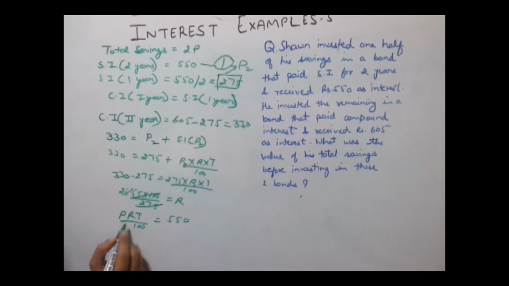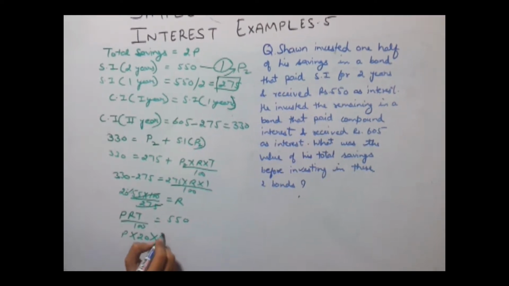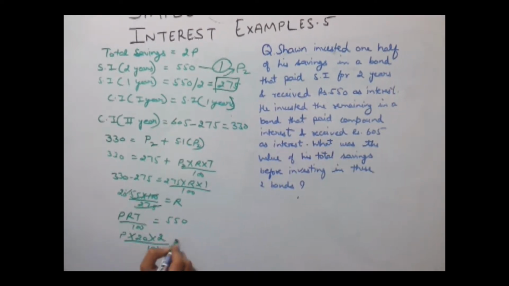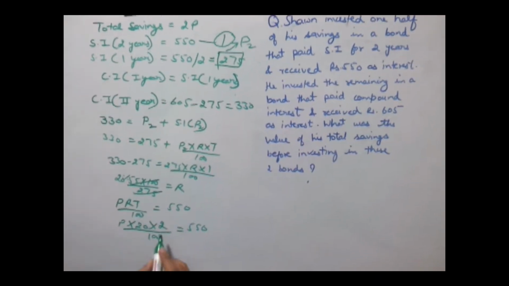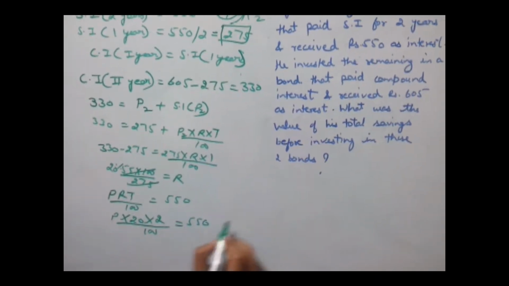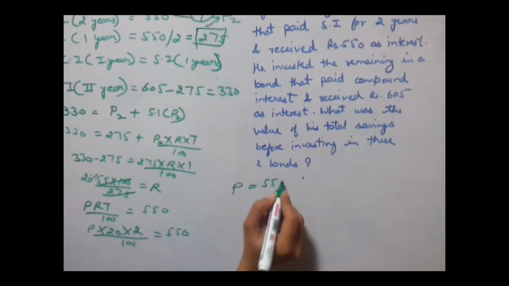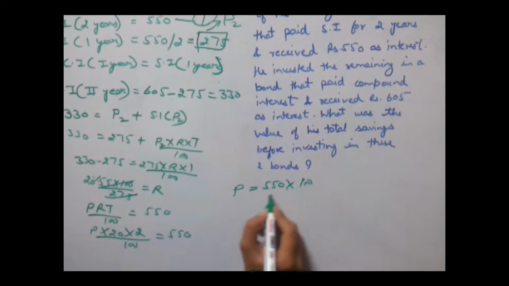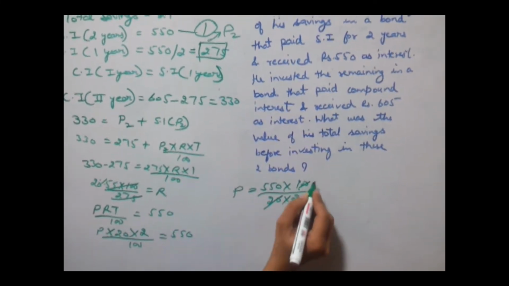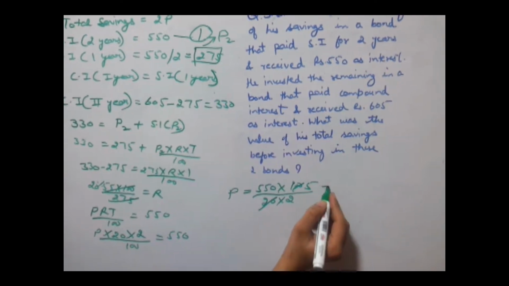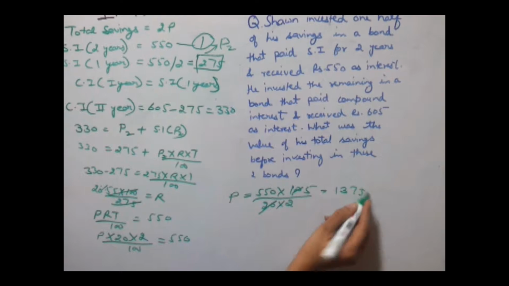Principal is P, in this case R just calculated, which is 20. Time is 2 years upon 100 is equal to 550. So the value of P in this case will be equal to 550 into 100 upon 20 into 2, 20 into 5, and after calculation you will get 1375.